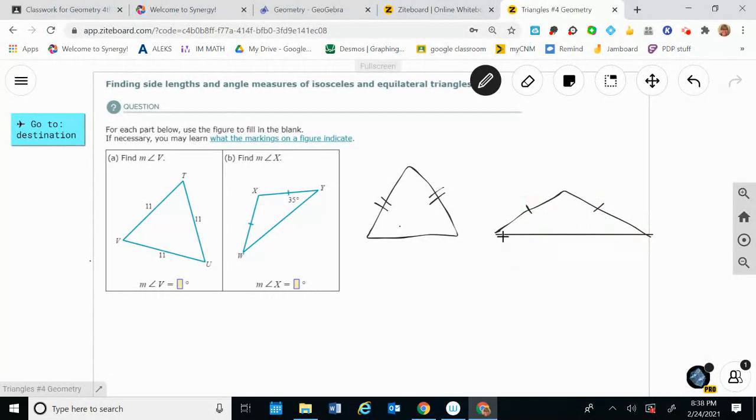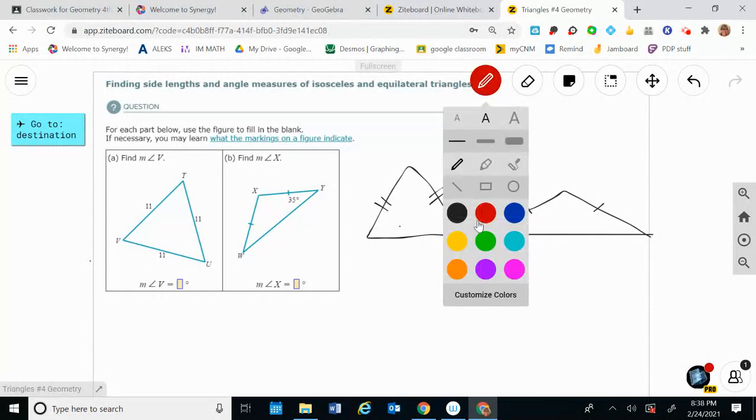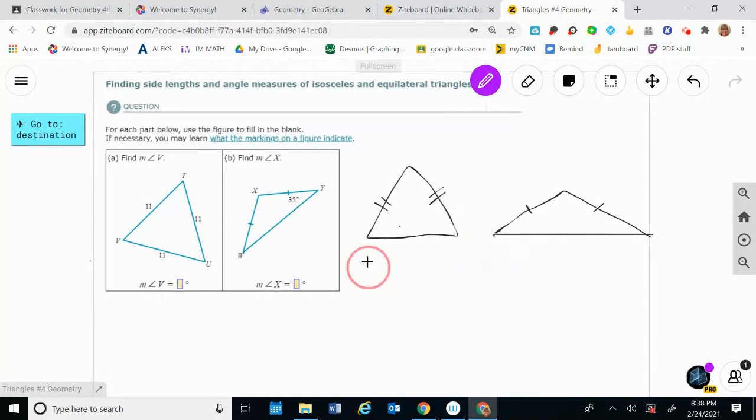Okay, that's an isosceles triangle. Here's what you need to know. You can write this down. You need to know that the base angles of an isosceles triangle are congruent. Why would they be congruent, you guys?